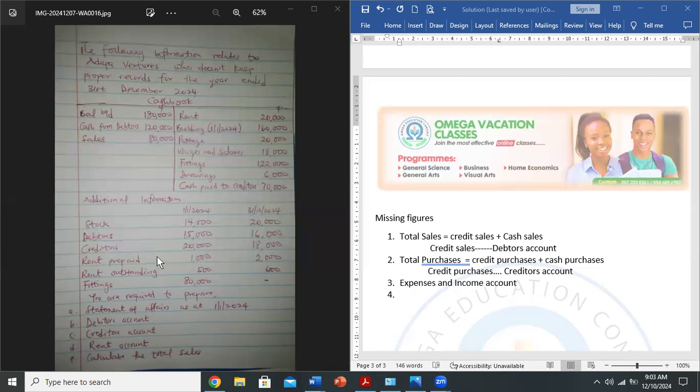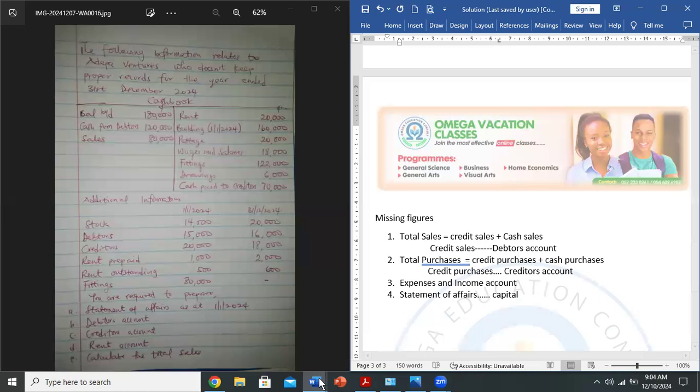And as we have discussed, you have to prepare the statement of affairs to be able to get the capital. So that's the reason why I've taken my time to take you through how to prepare statement of affairs, expense account, income account, creditors account, debtors account, so that you can get these things right.